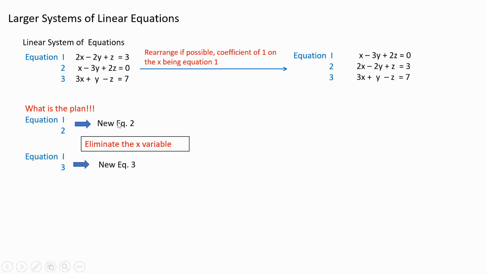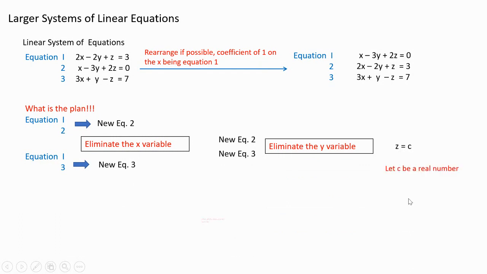These two equations don't have x's, because they were eliminated. So now I'm going to get the new equation 2 and the new equation 3 and get rid of the y's. Then after I do that, I'm going to have a new equation, which is z equals a number, and let z be a real number.